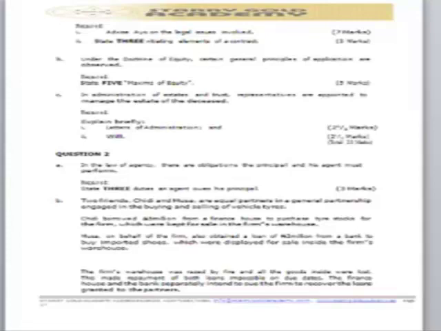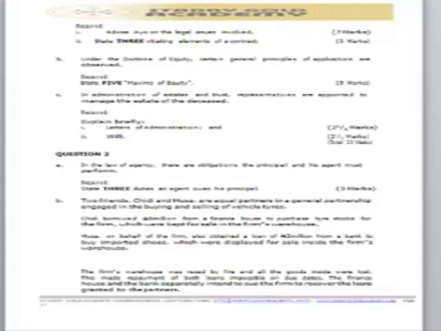Chidi borrowed 5 million from a finance house to purchase tire stocks for the firm, which were kept for sale in the firm's warehouse. So what she did was in accordance with what the firm is doing or registered to do.